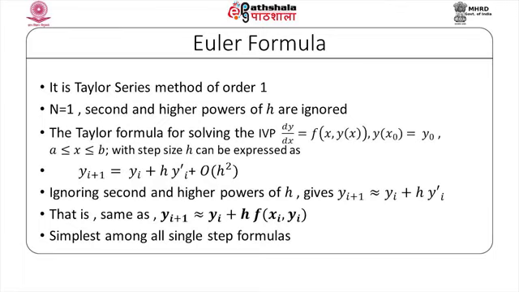What we are left with is yi plus 1 is yi plus h yi dash, and yi dash is dy by dx, which is f(x, y). So, yi dash is f at the point (xi, yi). Our Euler formula becomes yi plus 1 is equal to yi plus h into f(xi, yi), a very simple formula, the simplest possible.